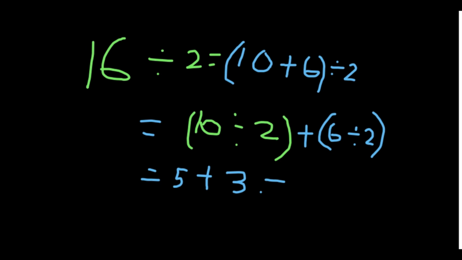And if we add this together, we have 8. So this is the distributive property of division over addition method.